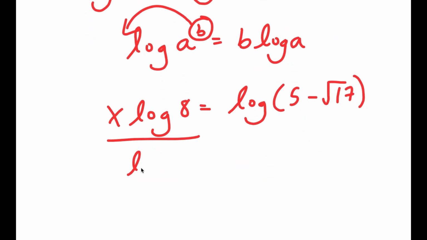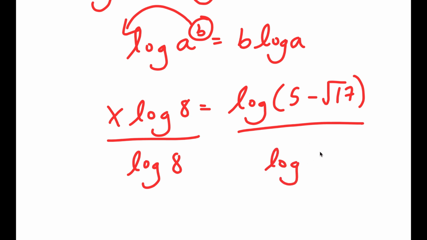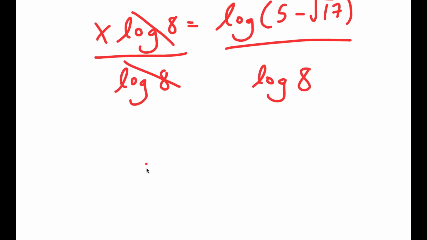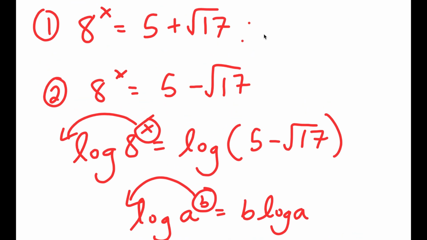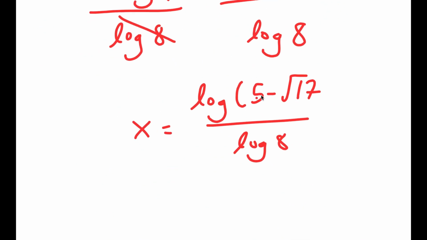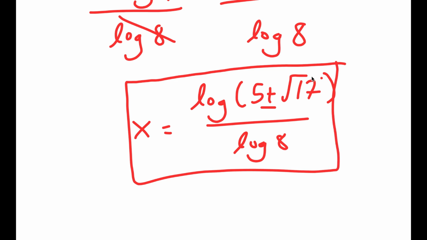And now I'm going to divide both sides by log 8. So then these two cancel out, and I get x is equal to log of 5 minus the square root of 17 over log 8. And this can also be used for the other equation, the same method. So this is going to be log of 5 plus or minus the square root of 17 over log 8. So these are my two solutions for x.